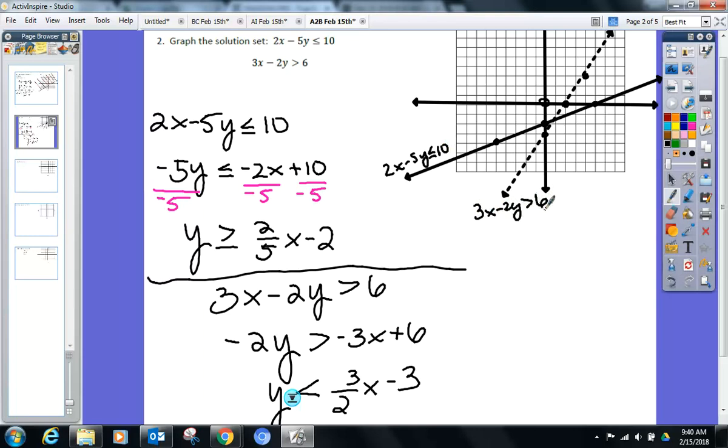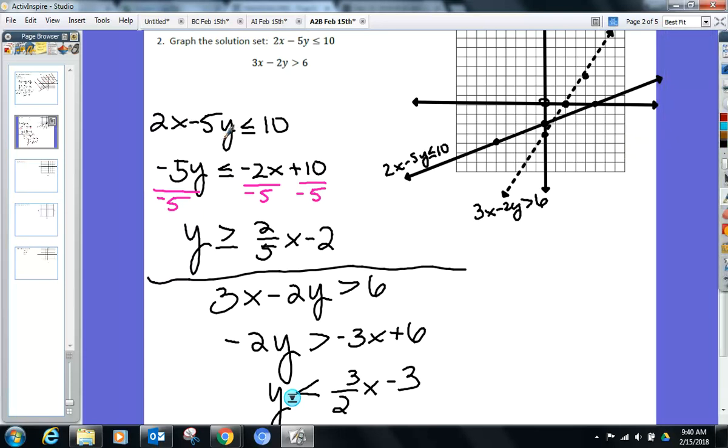All right, ready to shade. Let's start with the solid line. What point can I use again? 0, 0. Plug in 0 for x and y into the first equation. What do you get on the left side? 0. Is 0 less than or equal to 10? Yes, so on the solid line, where should I be shading with my colored pencil?